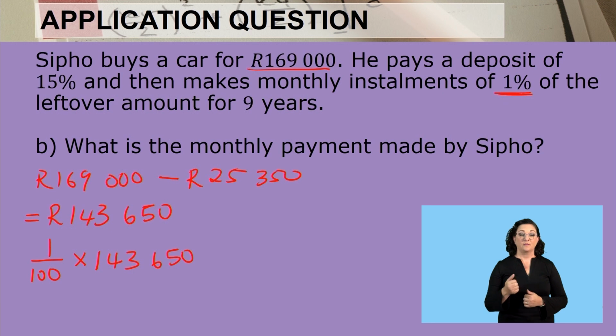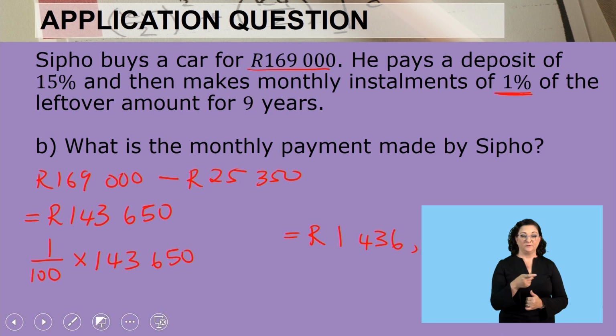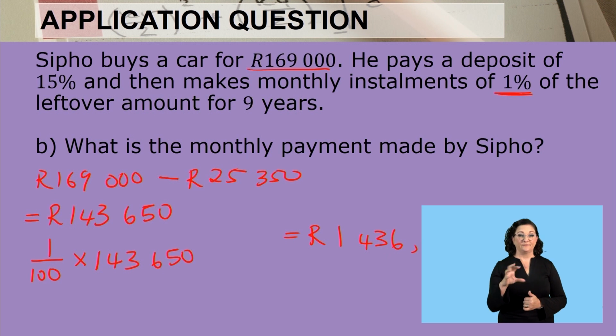And you're going to get 1,436 rand 50 cents. That's Sipho's monthly installment.